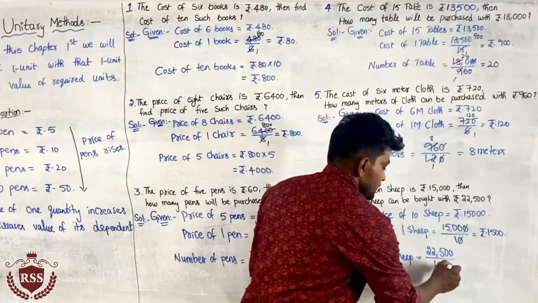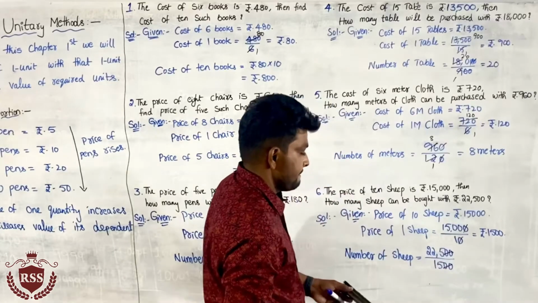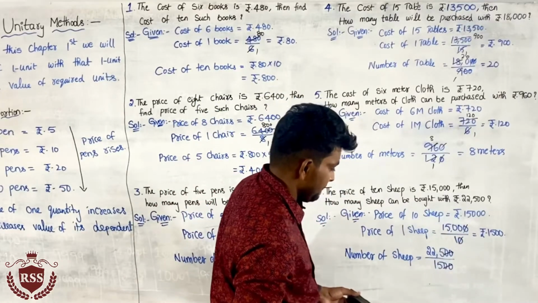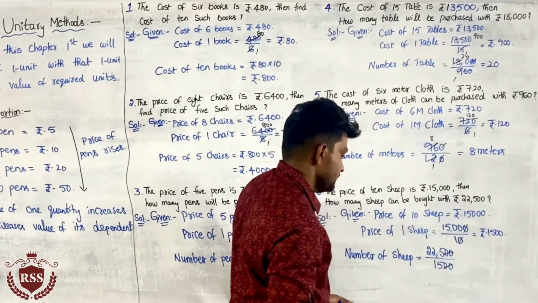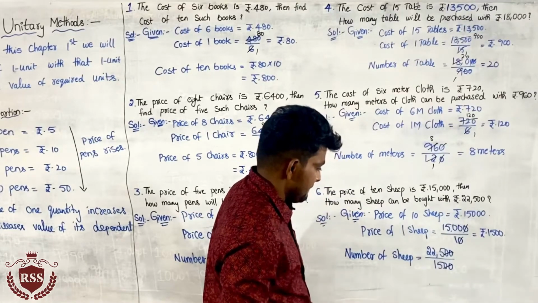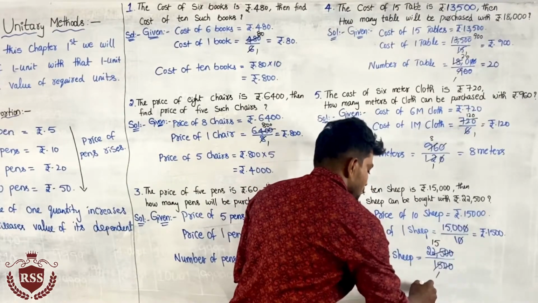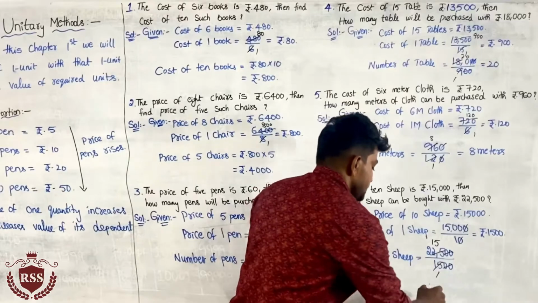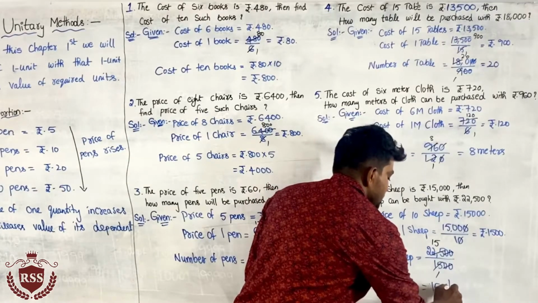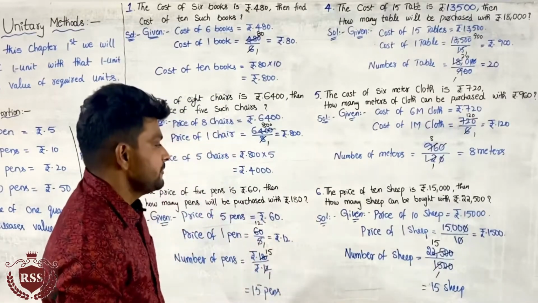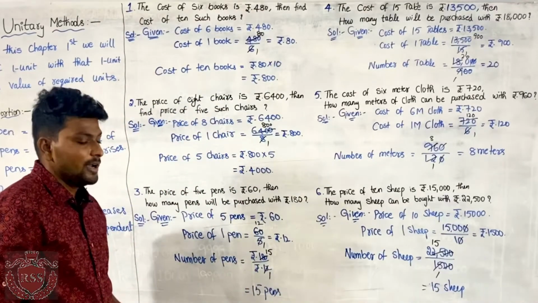We can cancel the zeros, and cancel with the 15. 15 15s are 225, right? So 15 sheep will be purchased for rupees 22,500.